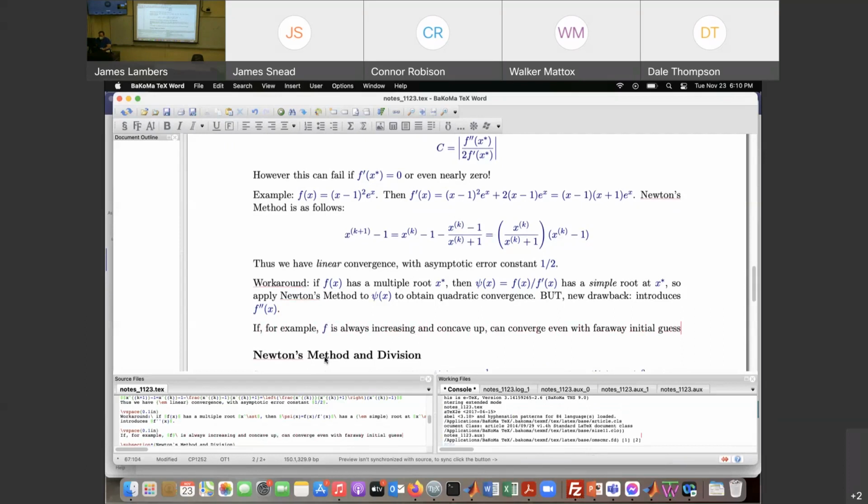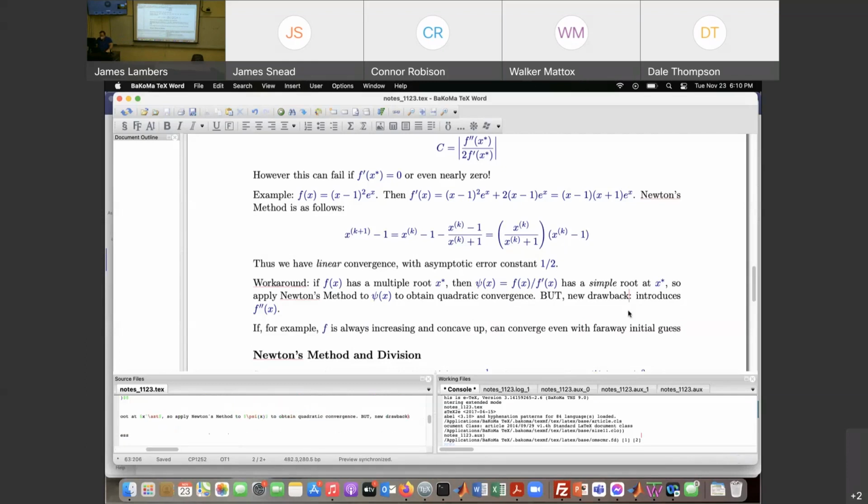Or the other possibilities, like always decreasing and concave down. There are 4 combinations. Any of those. You can show, depending on how you choose the initial guess, you can prove that the iteration is guaranteed to converge no matter how far away the initial guess is.